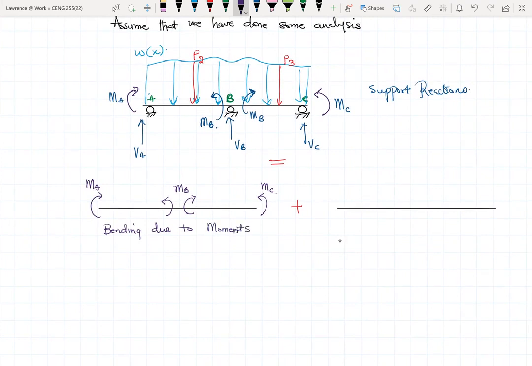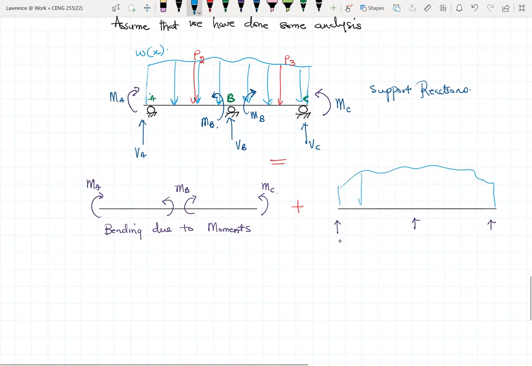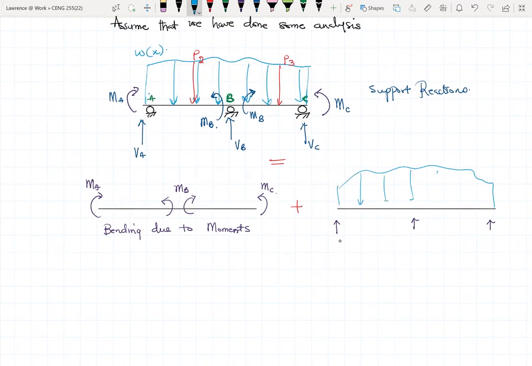I don't want to make it look like it's a tautology in a way. Then we have the case whereby we'll have the external reactions and then the external loads. Okay. So we have these external loads.